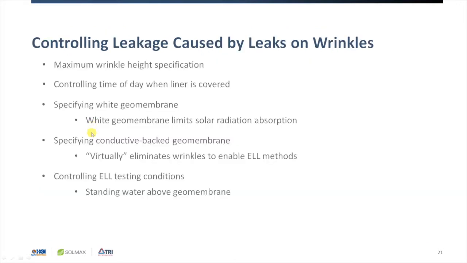And we're only using the dipole method for the sites that I test at. So what do I do? I ask for lots of water when I test. Just like that case study that I mentioned where we were able to find leaks that other folks hadn't found because we asked for standing water above the geomembrane to overcome those poor contact conditions. You can also do that as well.